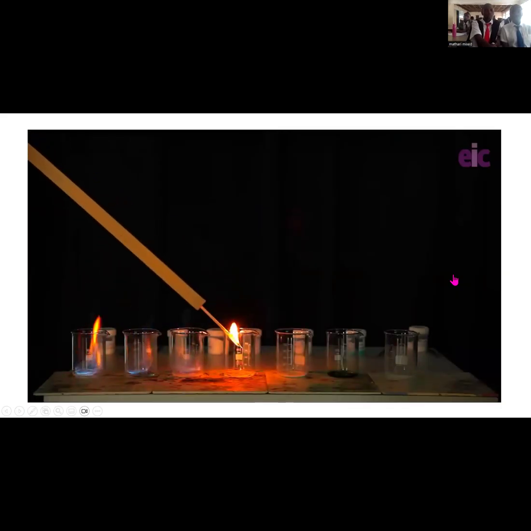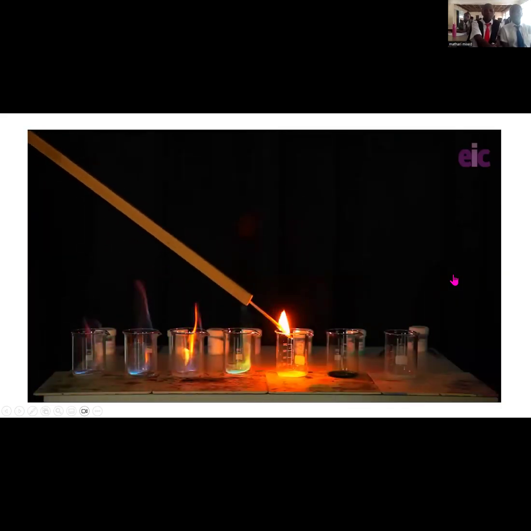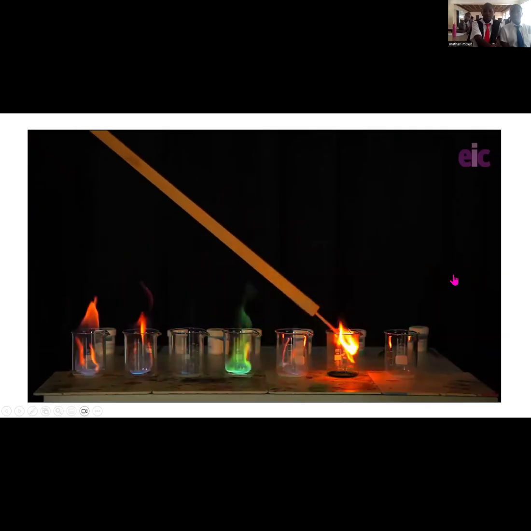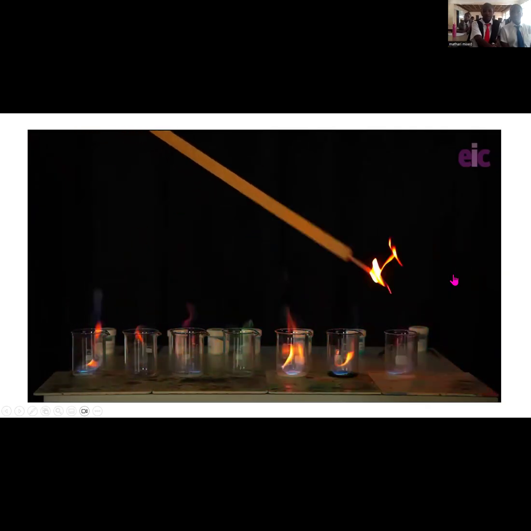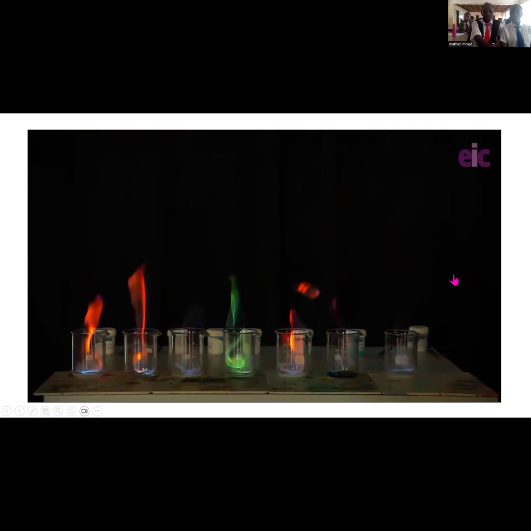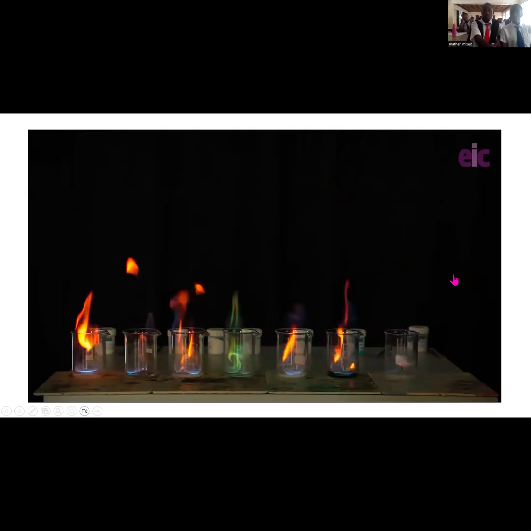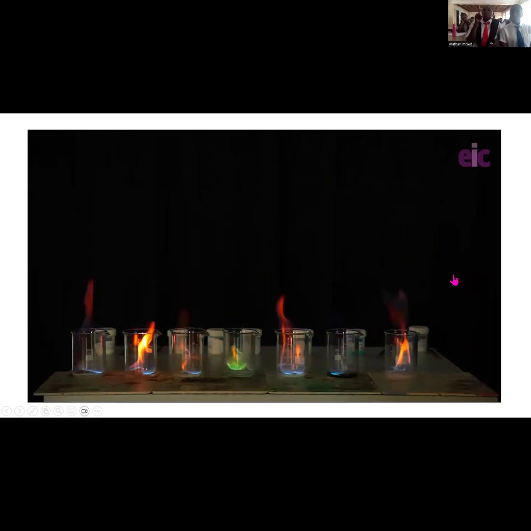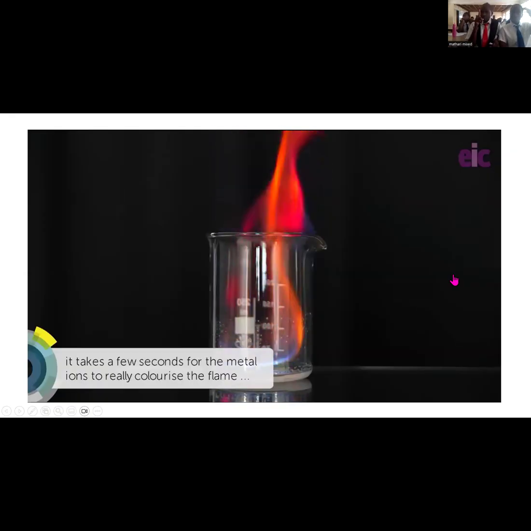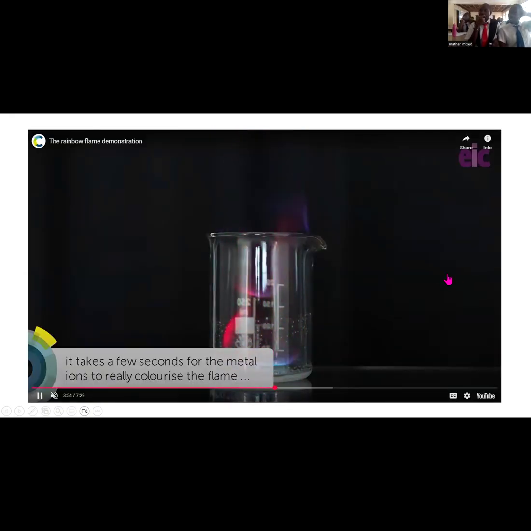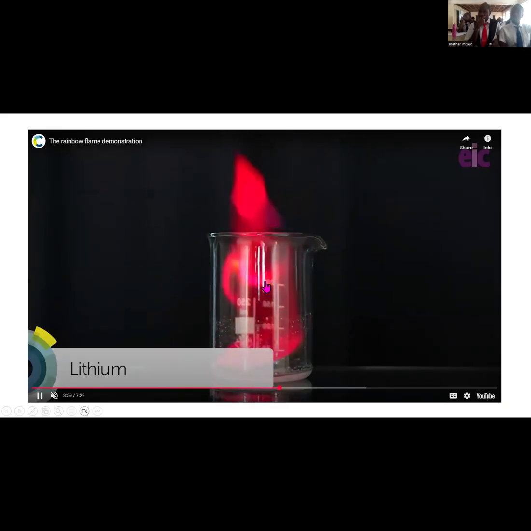Now, you may know that from fireworks and so on, but this shows you that to start with, they all look fairly similar. But as they warm up, they make different colors. And we can use these to identify the metal which is in them, or non-metal sometimes. So for instance, this one is going quite red, and that is lithium.